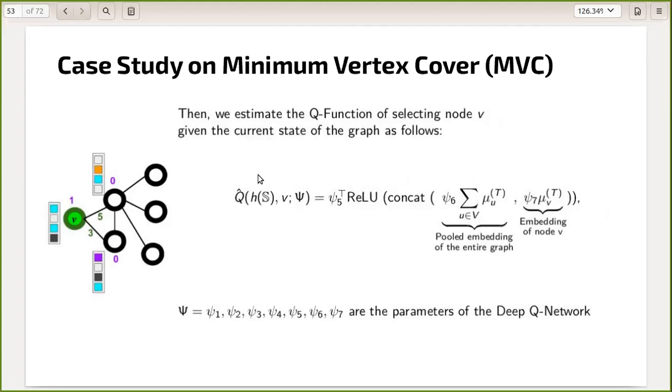The current state of the graph is embedded as h_S, the pooled embedding of the entire graph, together with the embedding of the node v. All of them can be parameterized in the neural network, so every parameter here can be parameterized.